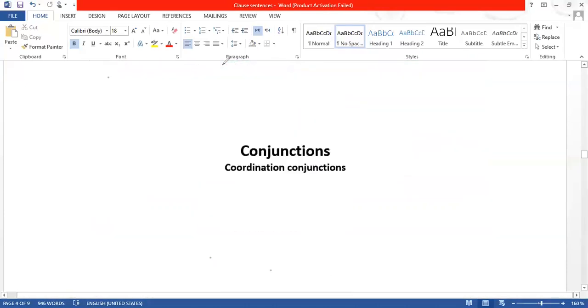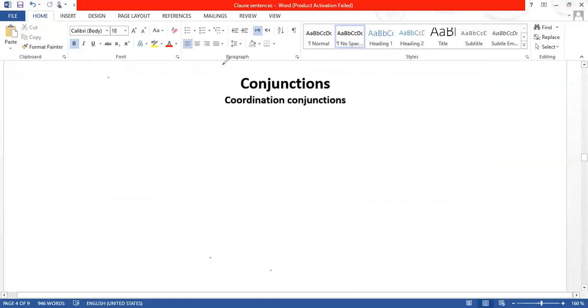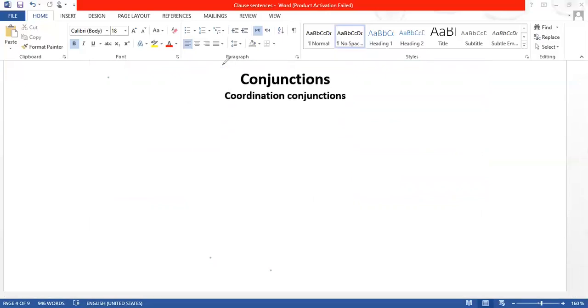So now let's come to the main topic of today, the conjunctions. When we say conjunctions, what we are doing now is compound sentences. Today we'll just cover two types of conjunctions, coordinating and subordinating. Coordinating conjunctions connect independent clauses.